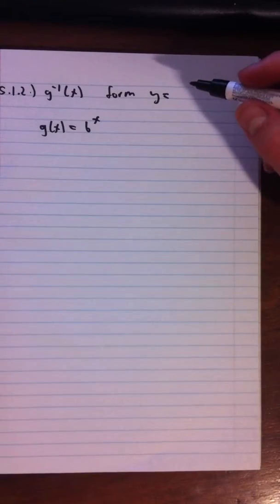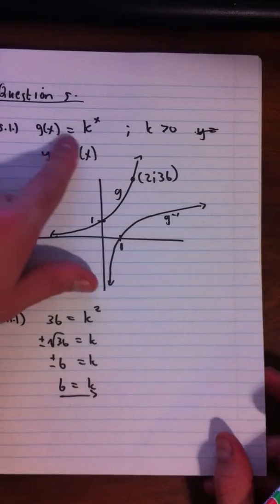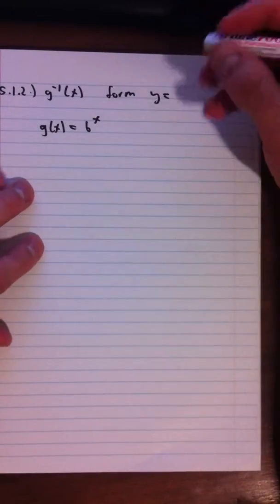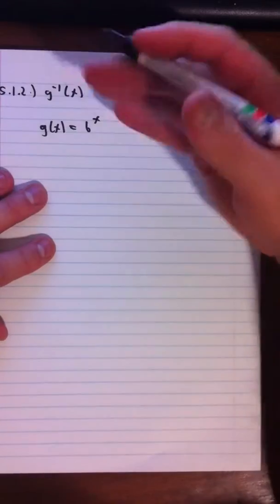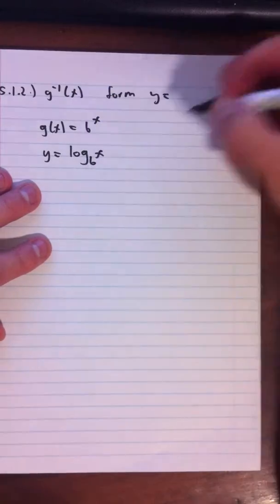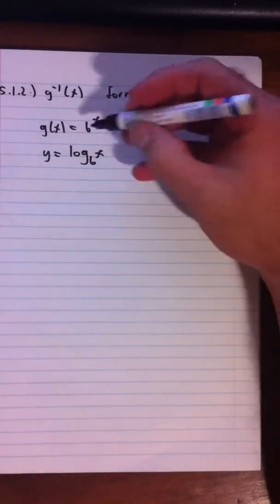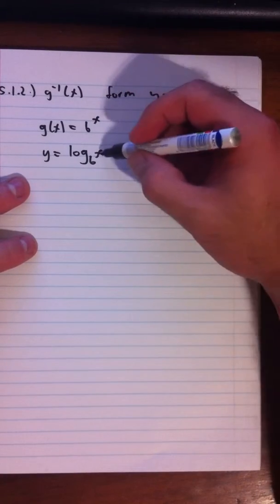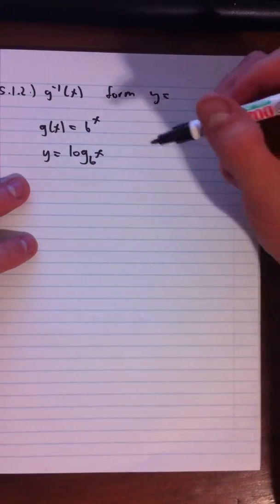The inverse of an exponential function, y equals k to the x, is pretty straightforward. If we don't do all the hectic calculations, we can just rewrite it as y equals log of x base 6. Instead of 6 to the power x, we now have x base 6 for a logarithm.